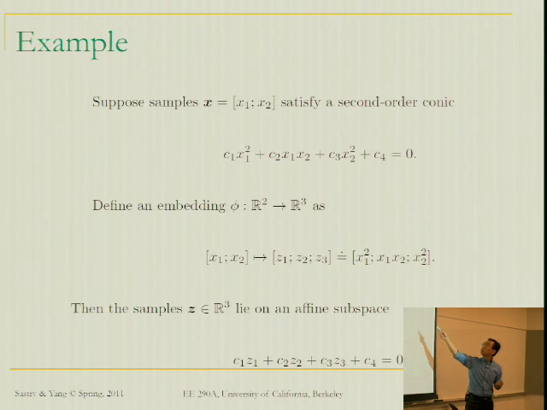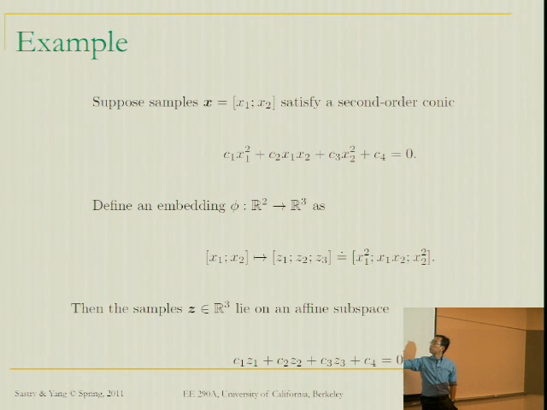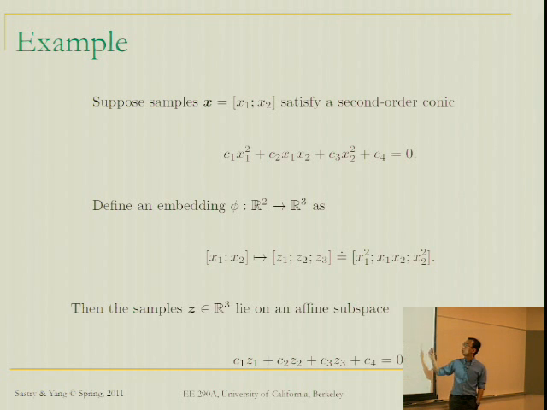But this equation doesn't give you any of these linear structures. So what we can do is define an embedding function phi, such that I map x1, x2 to z1, z2, z3, whose coordinates are x1 squared, x1 x2, and x2 squared. That's easy enough. This is a complete list of the so-called ordered monomials of second degree in R2.